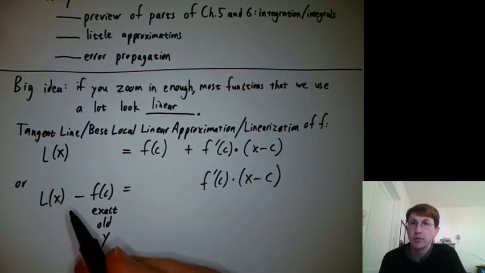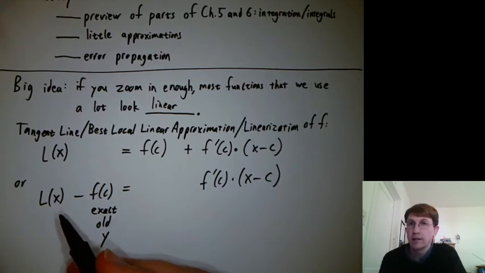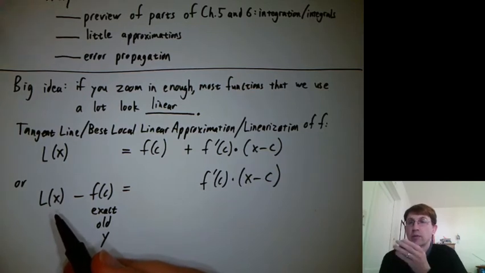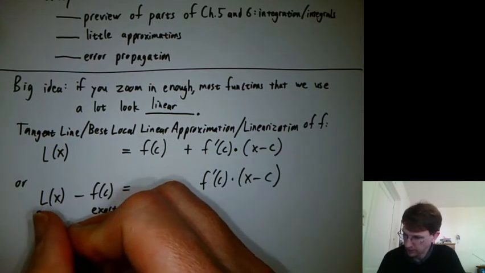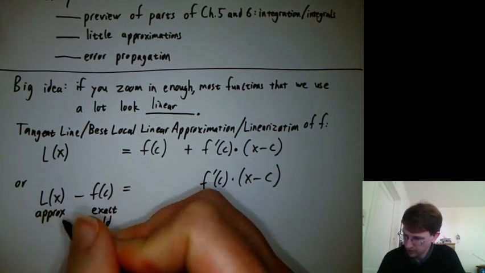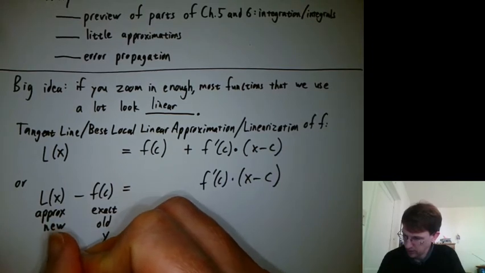L of x is a y value, and it's exactly on the tangent line, but there's a good chance it's not on the original function. So I would call it an approximate value for the y value at that new x value. So I'd say this is the approximate new y value.